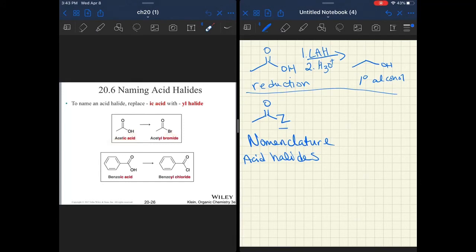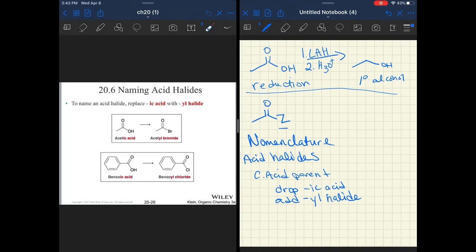You're going to take the carboxylic acid name and modify it from there for the next few functional groups. So for acid halides, you think about the carboxylic acid parent, and you drop "ic acid" and you add "yl halide."